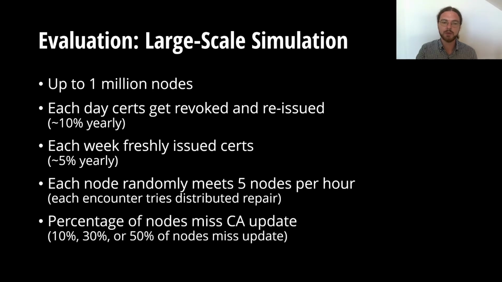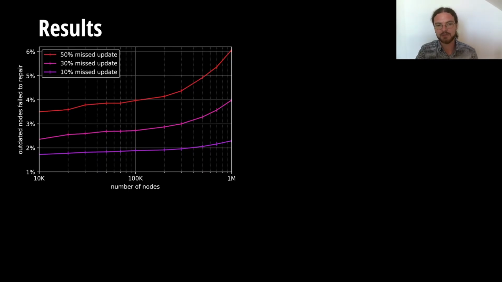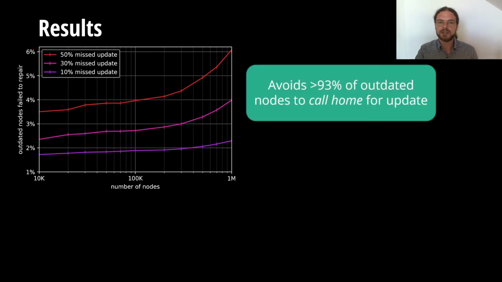And also we simulated a share of nodes that miss CA updates. So for the results, if you look at the most extreme result that we have with 1 million nodes and 50% of nodes actually missing the CA update, we can still show that the distributed repair approach avoids 93% of outdated nodes that need to call home to update their revocation information.